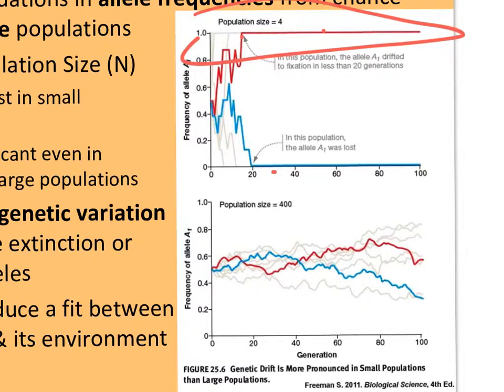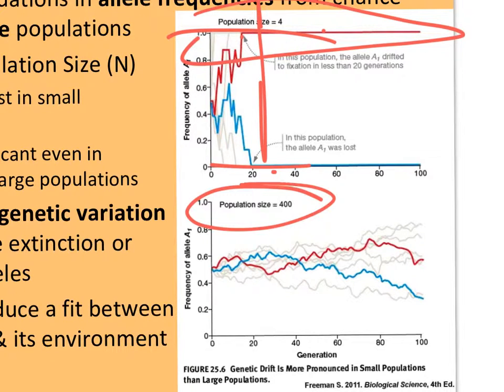But you can see how wide that is and how quickly it happens. That's because population size 4. The same thing is happening down here, but this is population size 400. And so drift is much weaker in this situation.